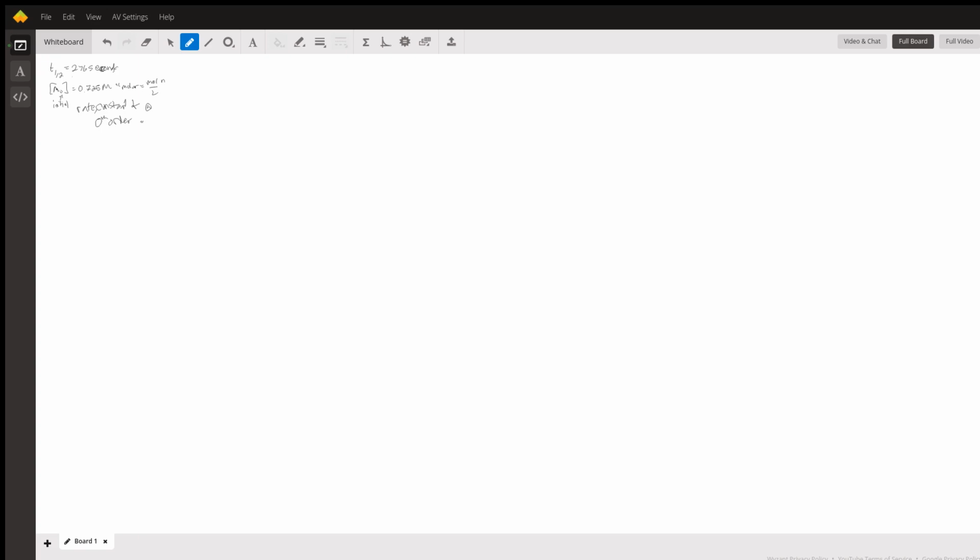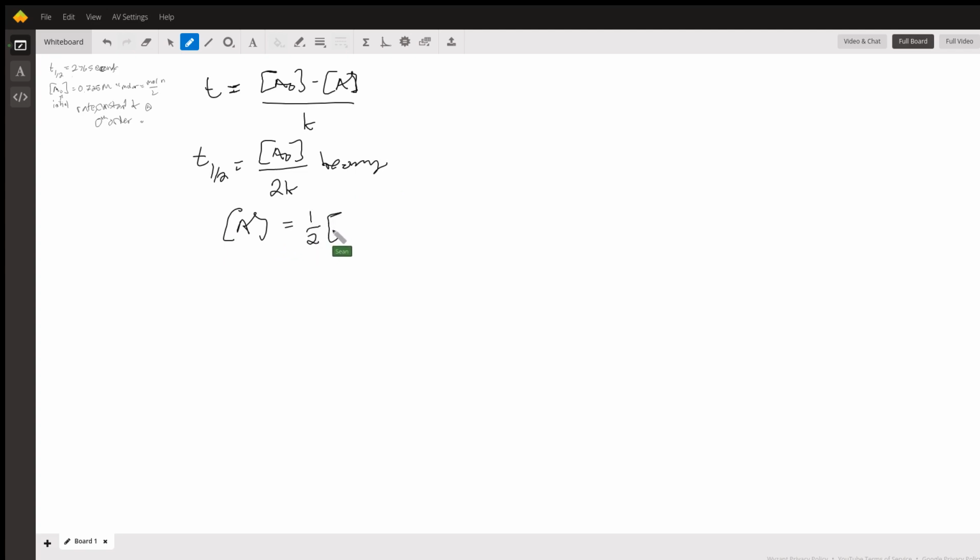So I know that time equals the initial concentration minus the concentration of our species divided by the rate constant K for zero order reactions. The half-life is equal to the initial concentration over 2K, because the concentration will be 1/2 of what it was initially.